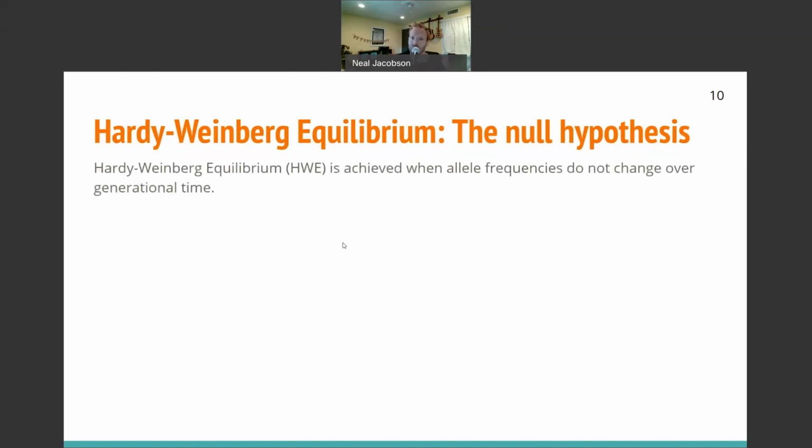Hardy-Weinberg equilibrium is achieved when allele frequencies do not change over generational time. So what does that mean in contrast to evolution? If Hardy-Weinberg equilibrium is happening and allele frequencies are not changing, then a population is not evolving. If a population's allele frequencies are changing, it's evolving.